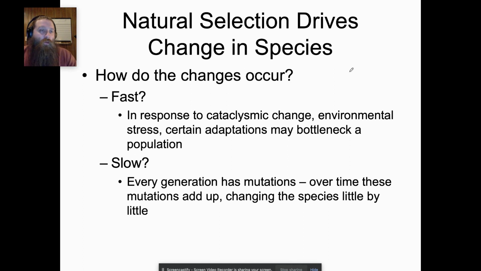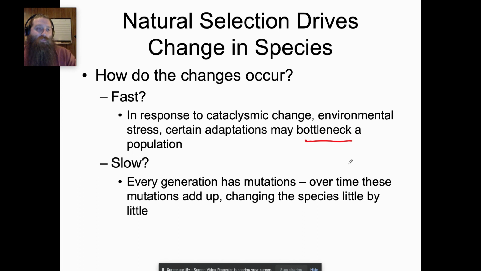Both work. Fast evolutionary change is usually in response to some kind of cataclysm. So an asteroid striking the planet is definitely a cataclysm. Environmental stress, which is kind of defined as quick changes to the environment that don't allow organisms enough time to adapt, can lead to what we call a bottleneck.